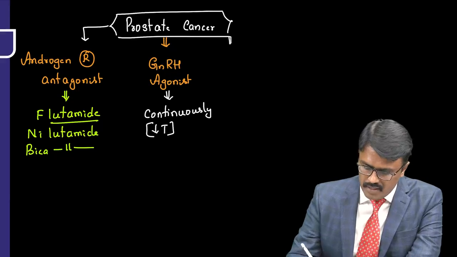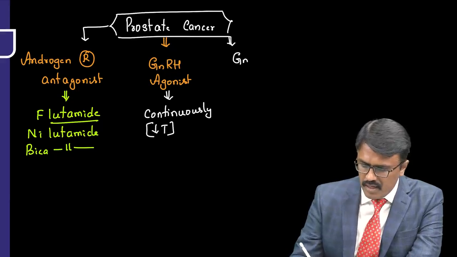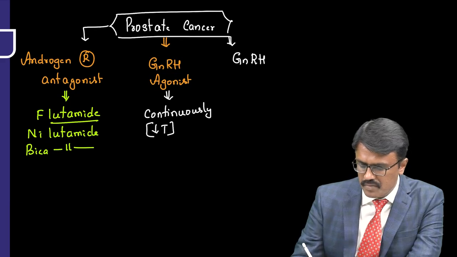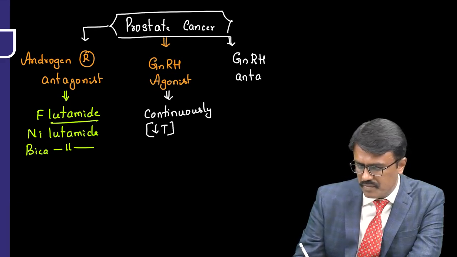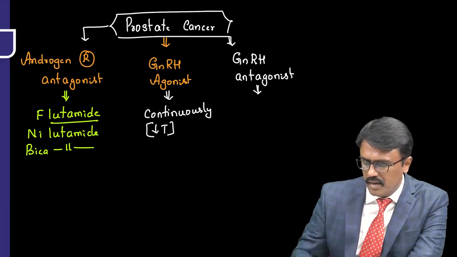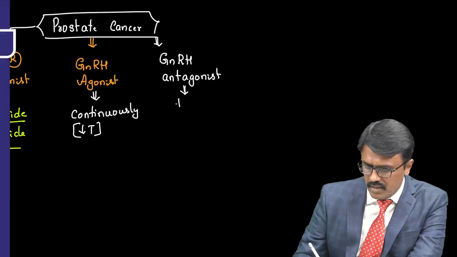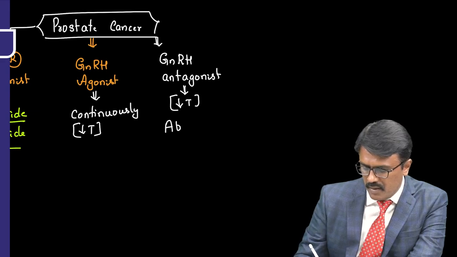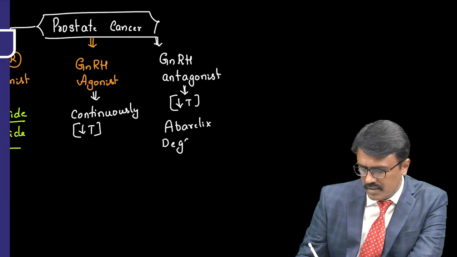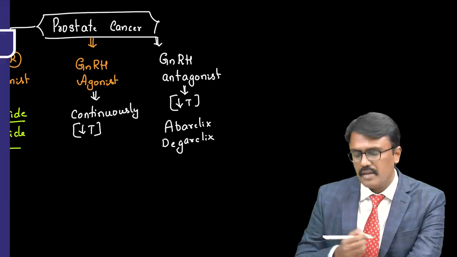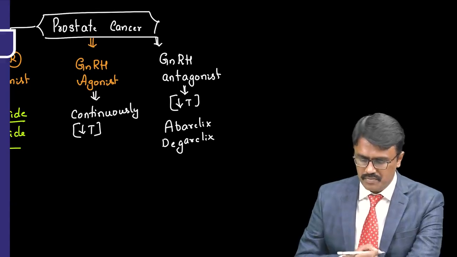Another important option is the GnRH antagonist. They also decrease the release of testosterone, and the names are abarelix and degarelix. So these are GnRH antagonists that can be used.